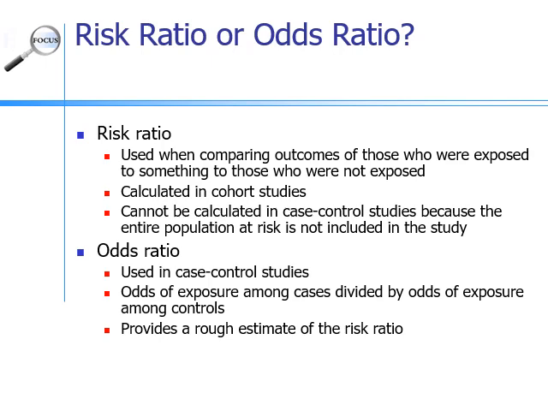That's why we use the odds ratio for case control studies. The odds ratio is the odds of exposure among cases divided by the odds of exposure among controls, and it provides a rough estimate of the risk ratio. So remember, for a cohort study, we calculate the risk ratio, RR, and for case control, we calculate the OR.